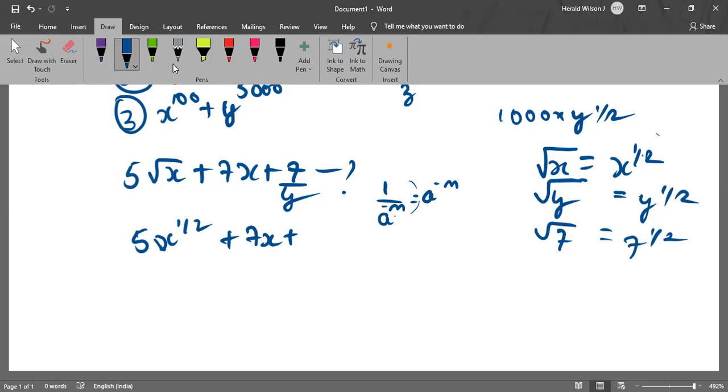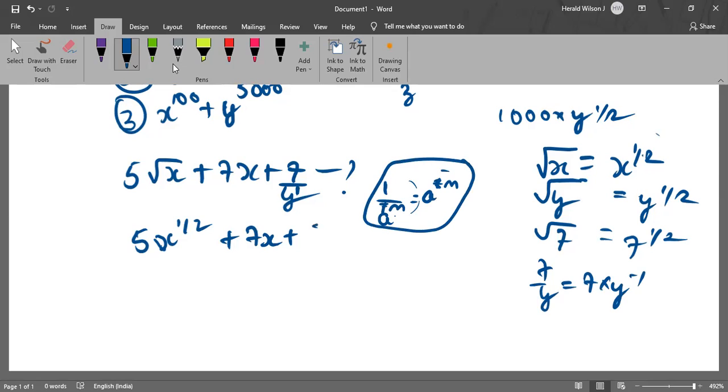If it is negative m, it will become positive m, but if it is positive, it will become negative. Am I making my point clear? So here, y raised to 1: 7 by y can also be written as 7 into y raised to minus 1 according to this law of exponents. Clear? So I will write this as 7y raised to minus 1.